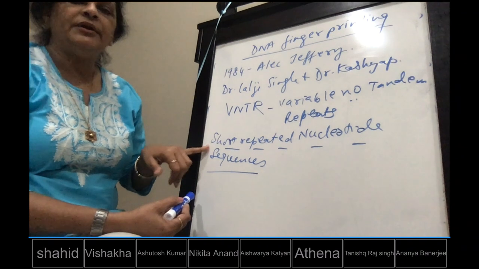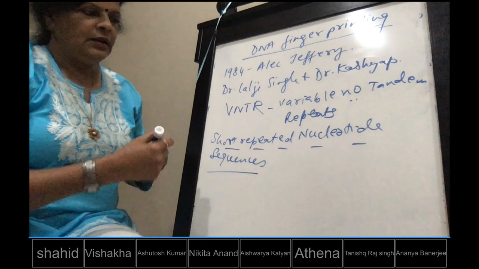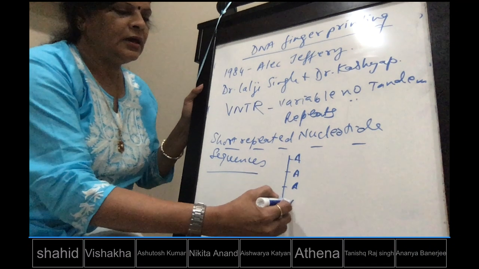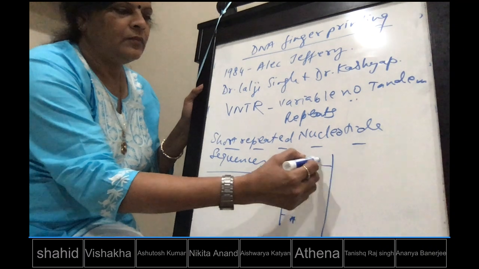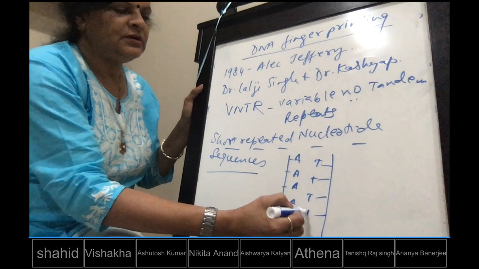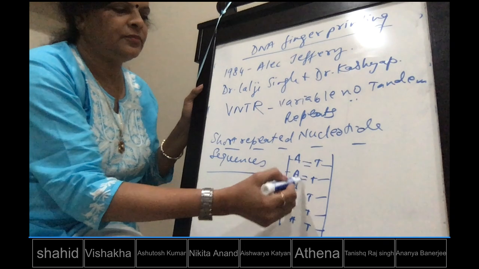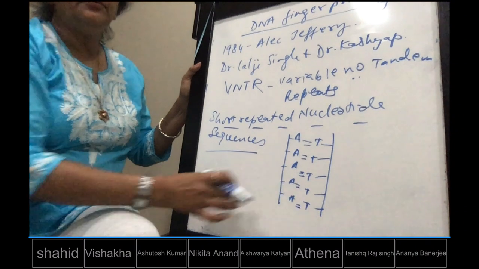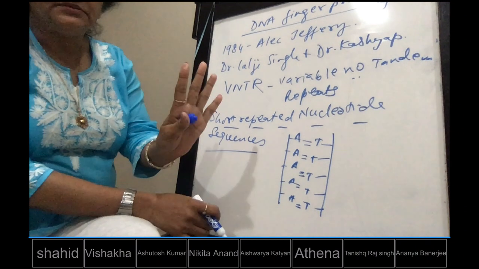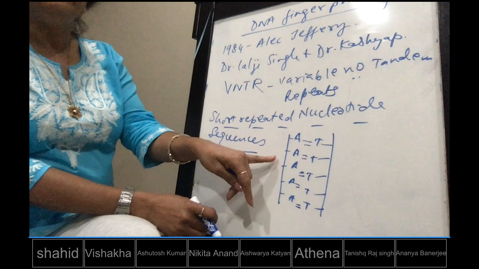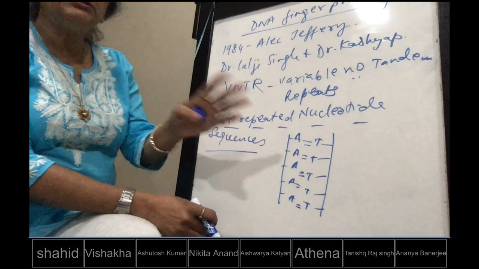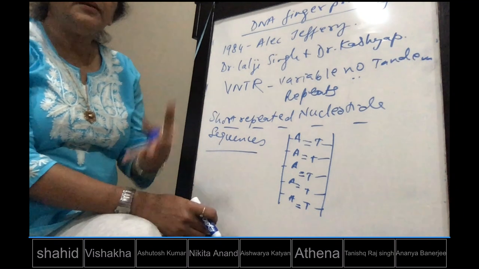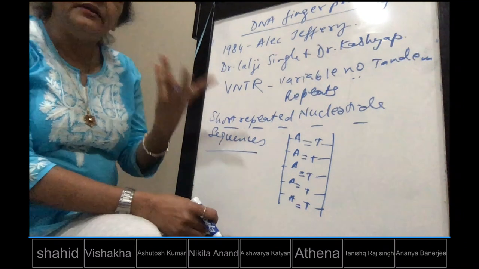Short repeated nucleotide sequences. Like say A, A, A, T, T, T, T, T. Double bond, double bond, double bond, double bond, double bond. So if you see here, A double bond T is repeated how many times? 5 times. This is a VNTR. G triple bond C repeated 3 times, VNTR. G triple bond C repeated 10 times, VNTR.